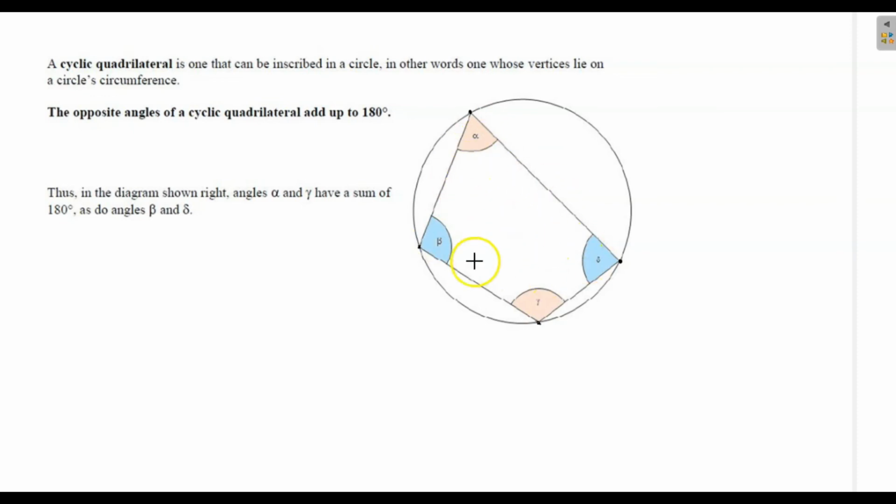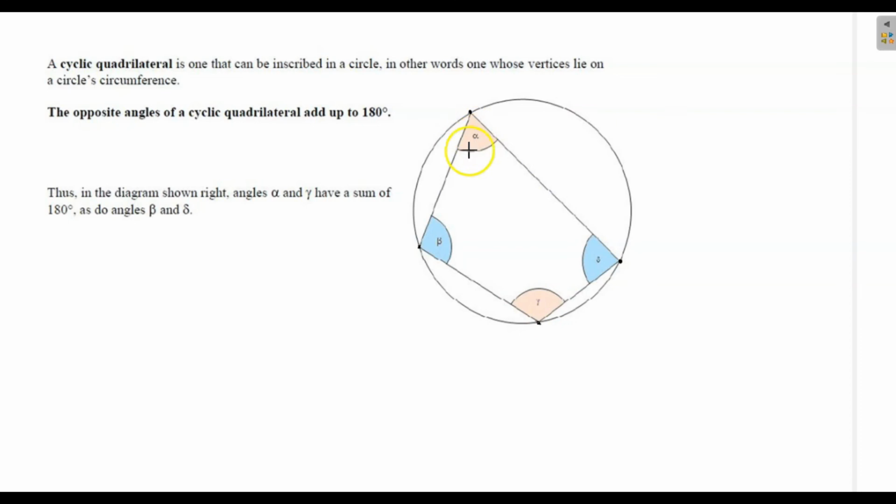Now, what angular property do we need to know when it comes to a cyclic quadrilateral? The opposite angles of a cyclic quadrilateral add up to 180 degrees. So for instance, in this diagram here, we have angle alpha, angle delta, angle gamma, and angle beta. Now, angles alpha and gamma are directly opposite to each other.